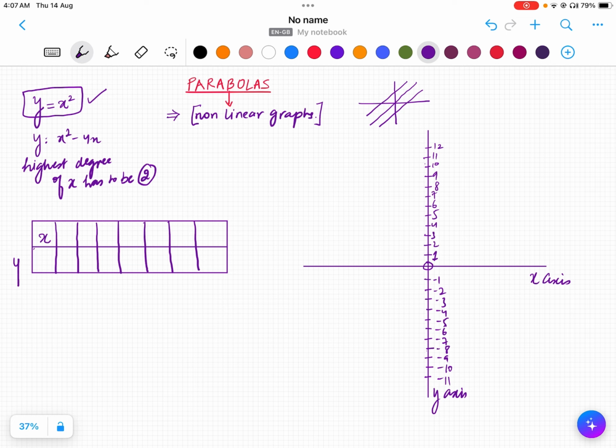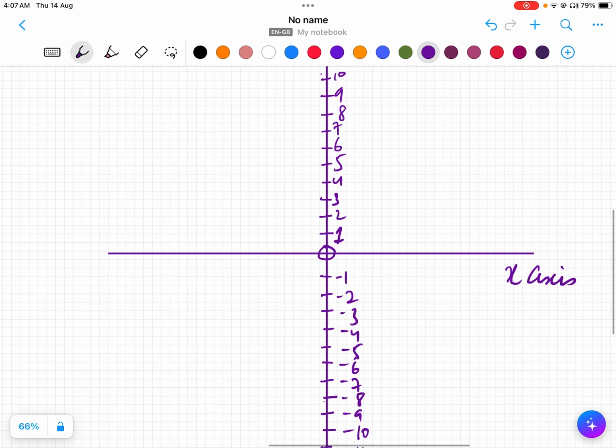And here y is equal to x square is what I'm going to note. Okay, so let's put 0 here. 1, 2, 3, -1, -2, -3. Now look carefully. Y-axis points are going to be dependent on the x-axis points. So I will also have to plot the x-axis points. So I'm going to plot them out here.